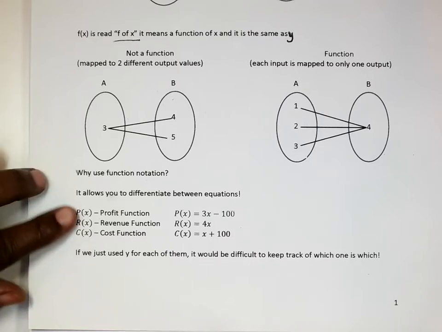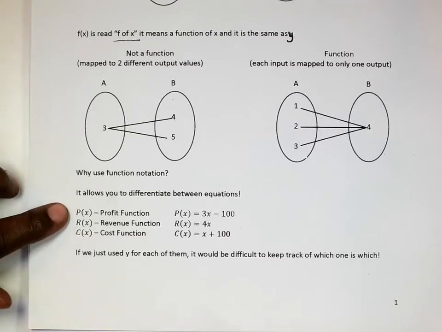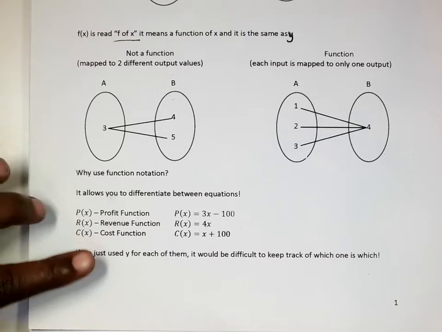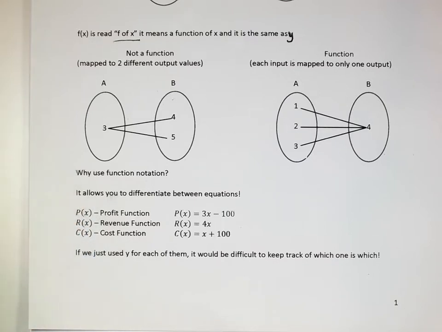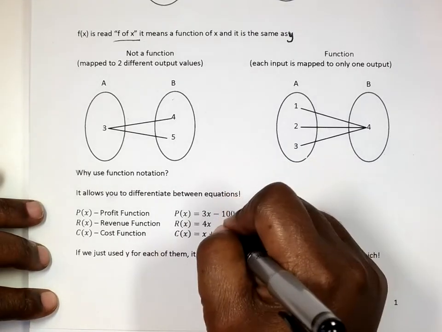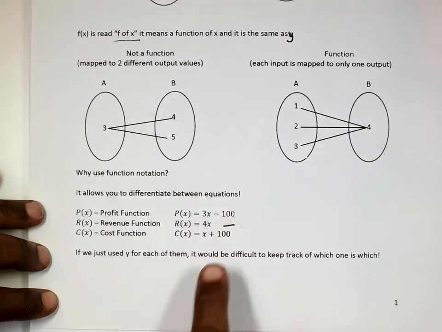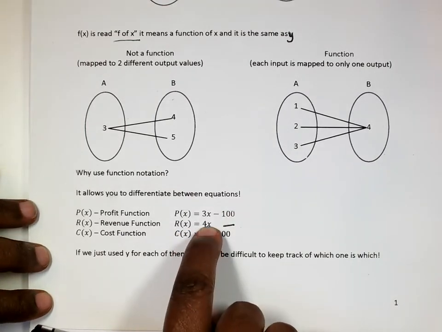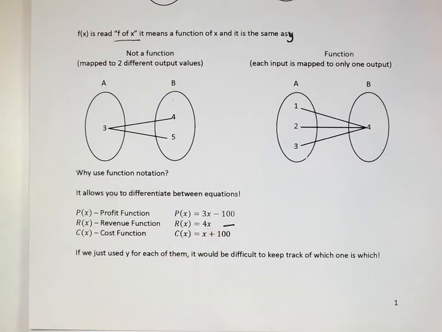But if I use this notation p of x, which we're going to use for profit, r of x for the revenue function, and c of x for the cost function, then it's very clear which function we're talking about. So if I say, find the revenue if we sell 100 units, I'm going to look at this function and plug in 100, and if I sell 100 units, the revenue is going to be $400.